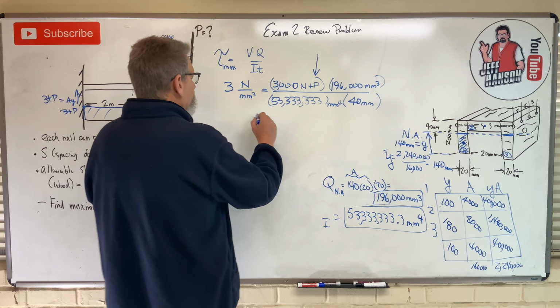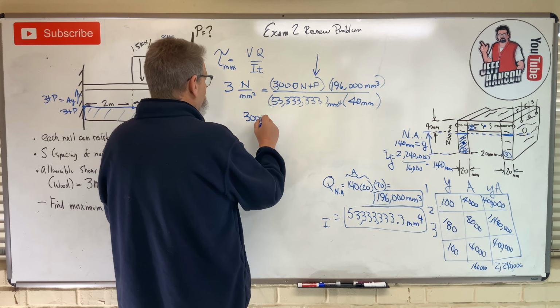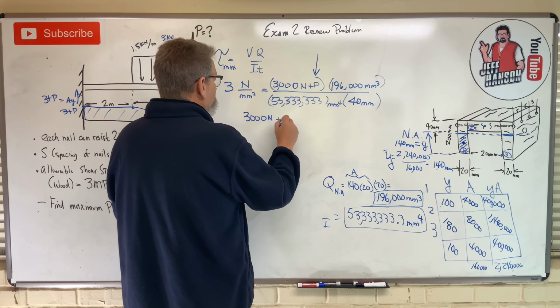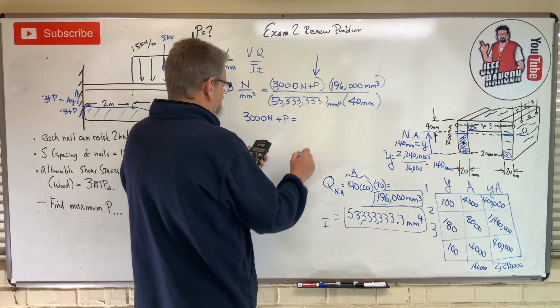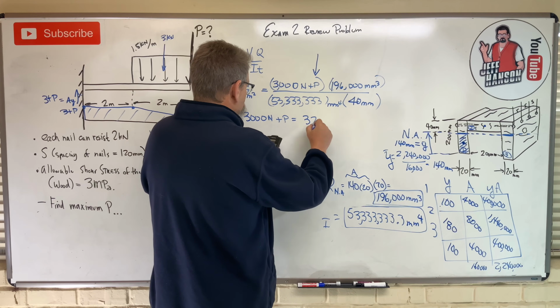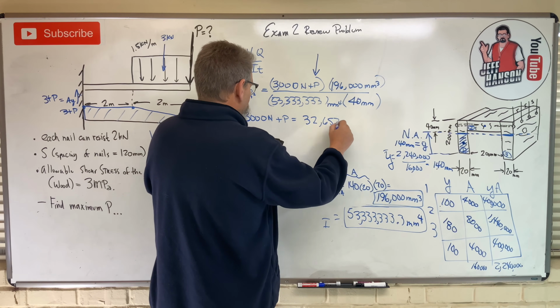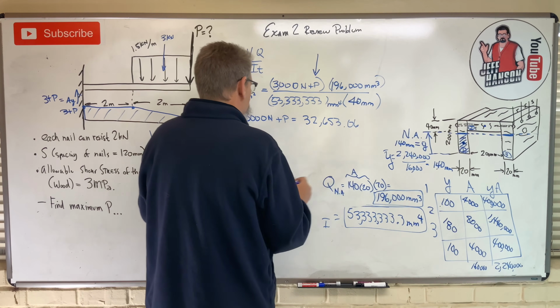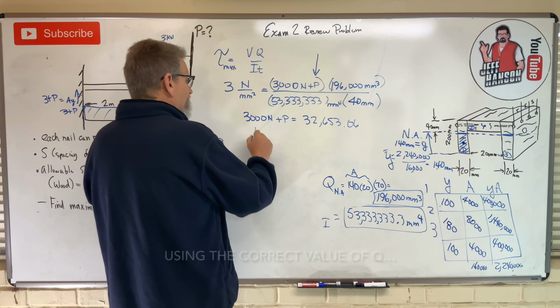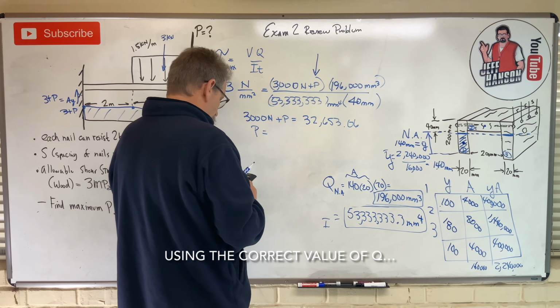So now I have 3,000 plus P is equal to, this number I have in my calculator here, 32,653.06. So P is equal to that minus 3,000.